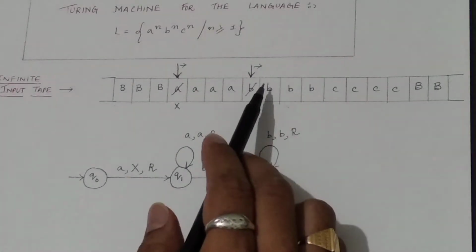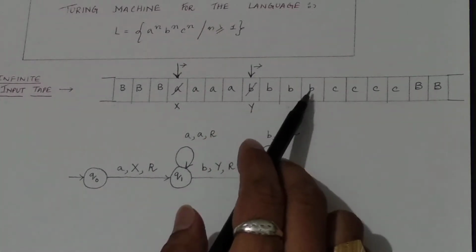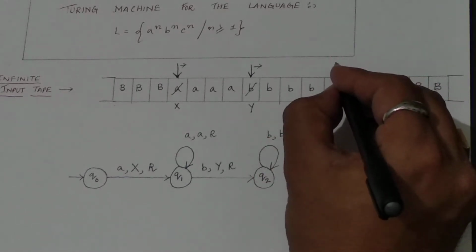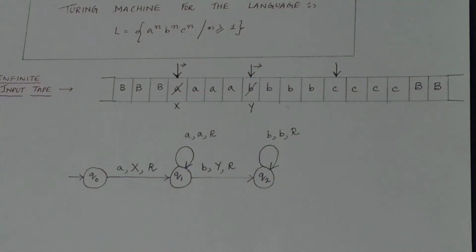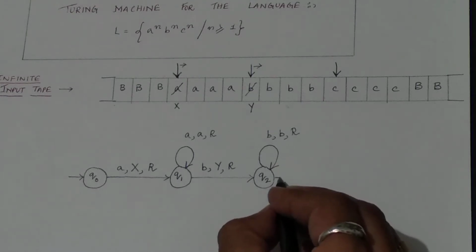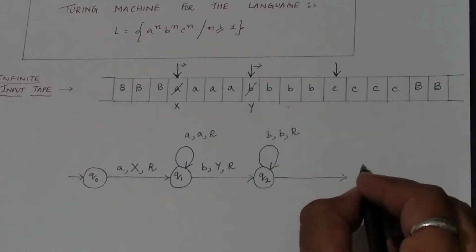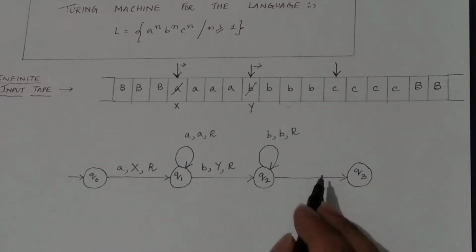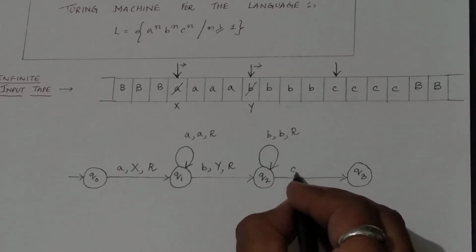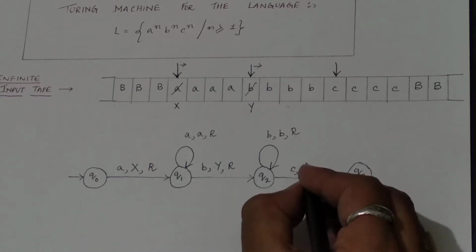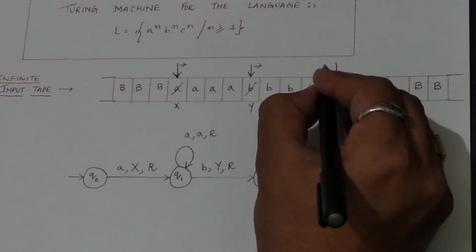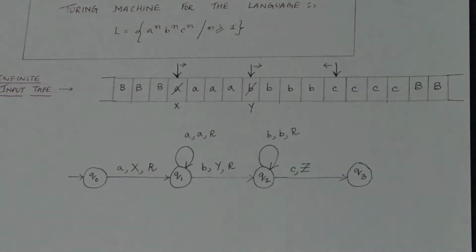The tape head moves until it reaches the next element, that is c. Now the tape head reaches c, so the transition changes from q2 to q3. On seeing c, it will replace it by another variable, let it be z, and the tape head will now move in the left hand side direction.